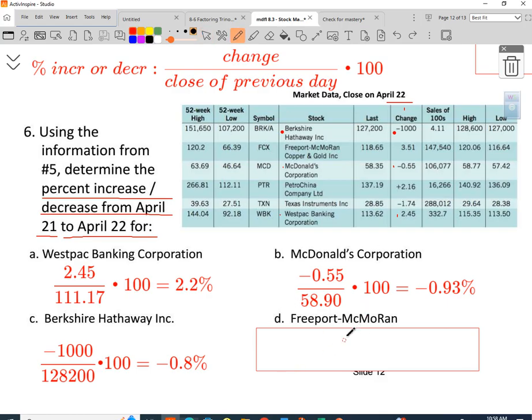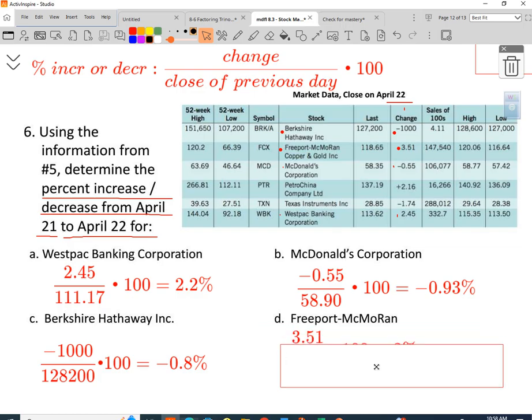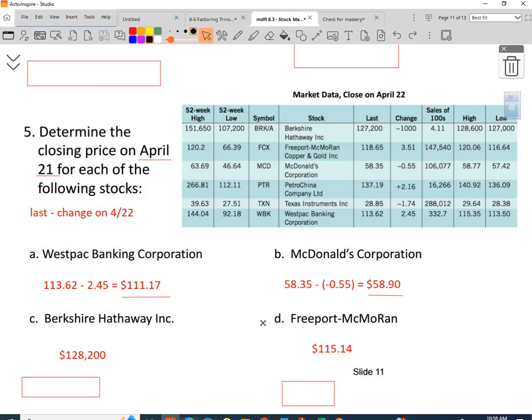And the last example in our notes, Freeport-McMoRan, is right here. The change is 351, right? That is our numerator. Divided by, go back to the page where we found the closing price on April 21st for Freeport-McMoRan, $115.14.